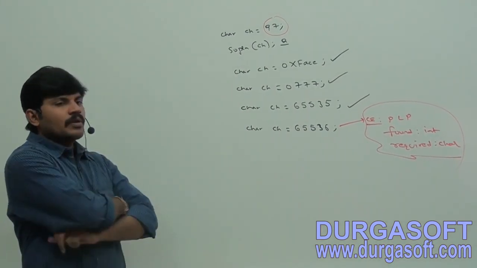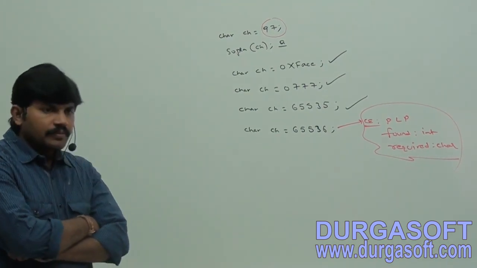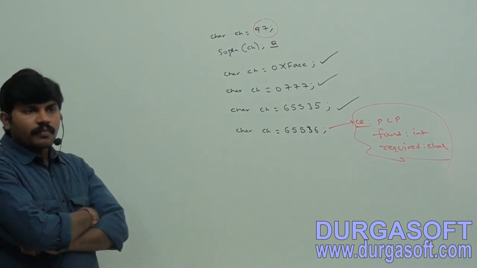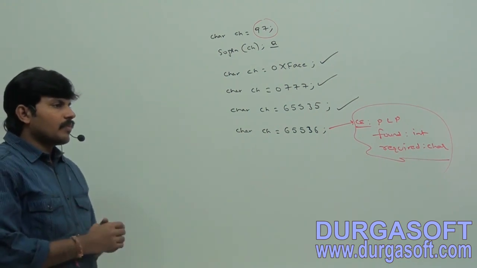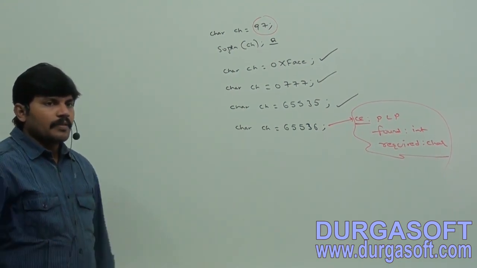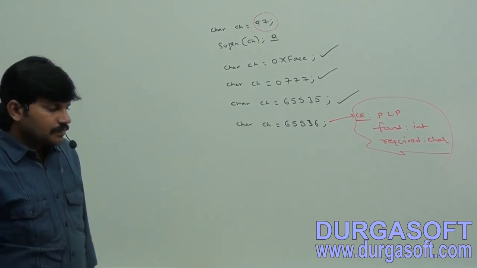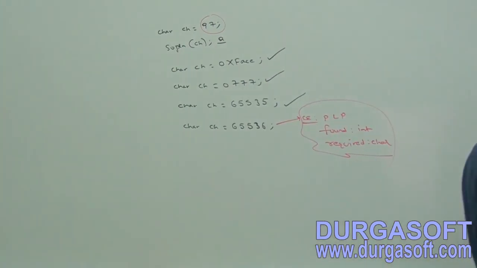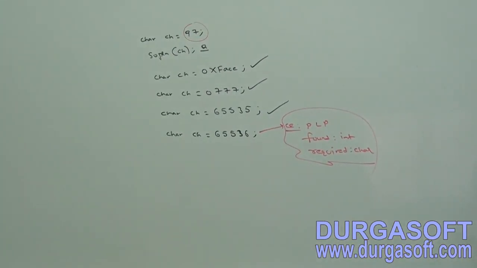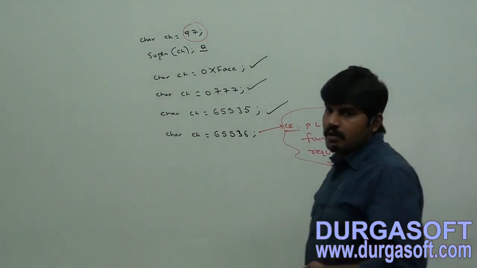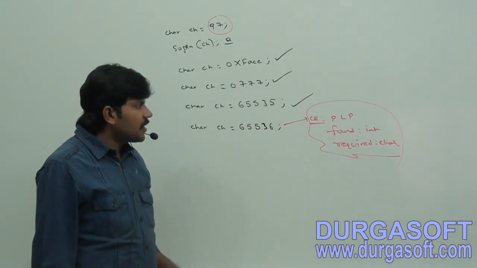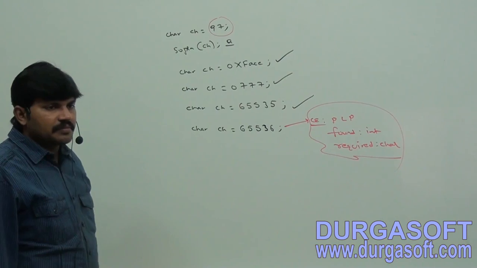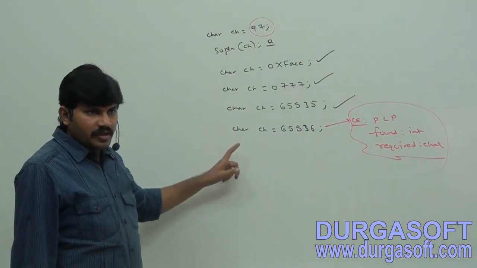But 65,536 gives the compile error: possible loss of precision, found int, required char. Up to this there is no doubt at all.